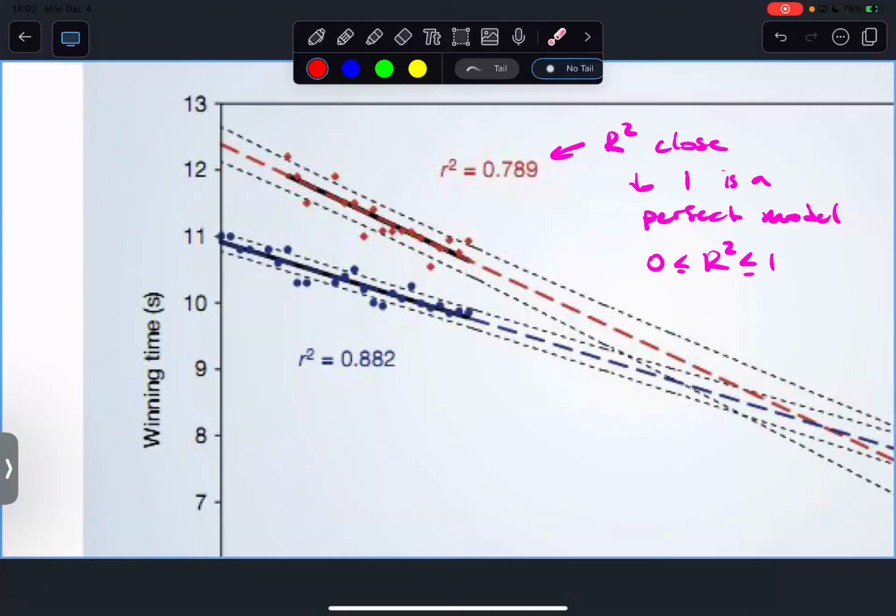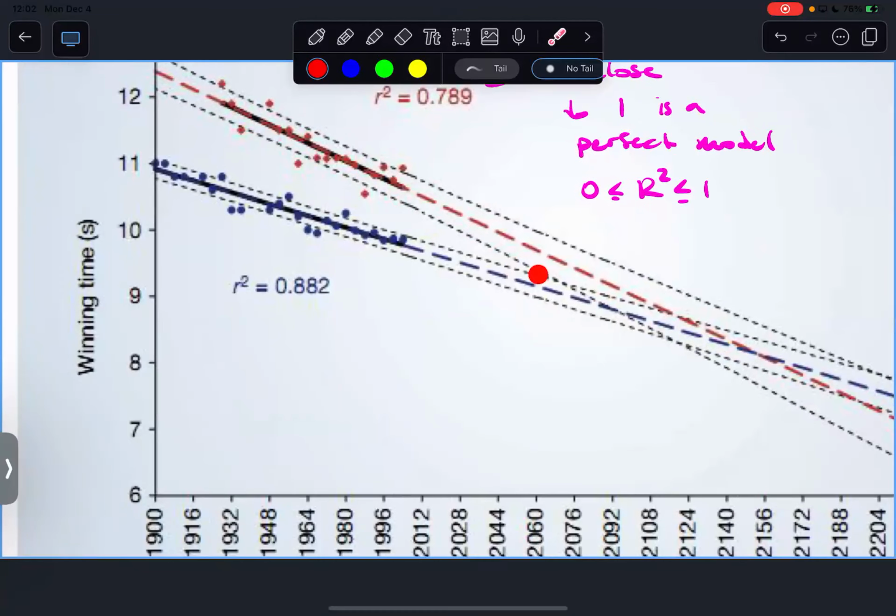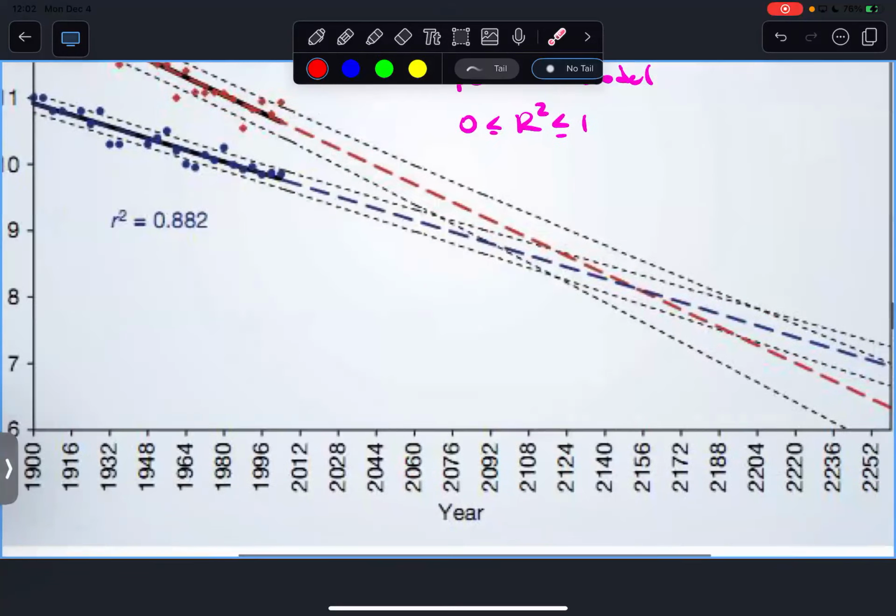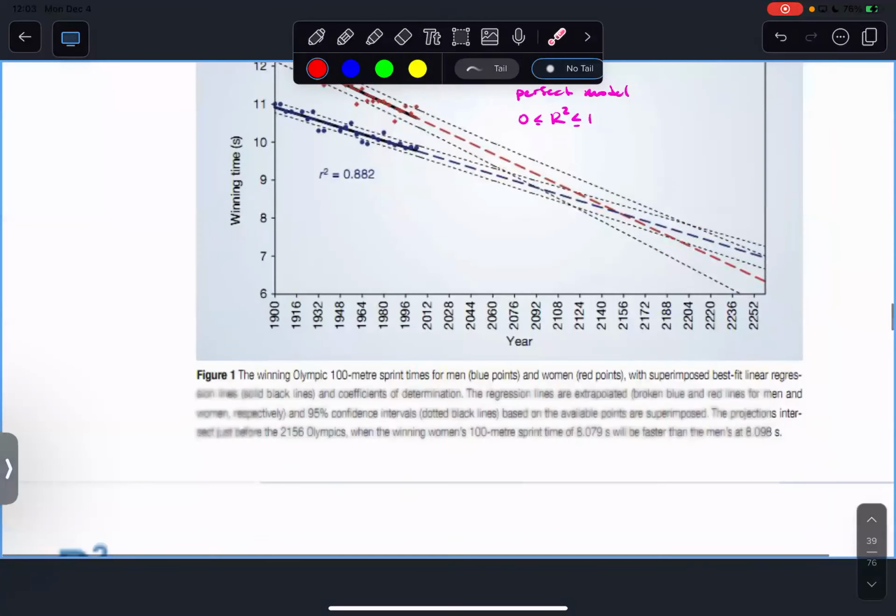To indicate that, I don't know, I didn't build anything off of these points. And so pretty quickly here, they start making a jumbled mess. And I guess at this point, this is what they went for. So weird. 2156, that's where those lines intersect. But there's a lot of uncertainty and a lot of mix and match there. So you just want to be careful.